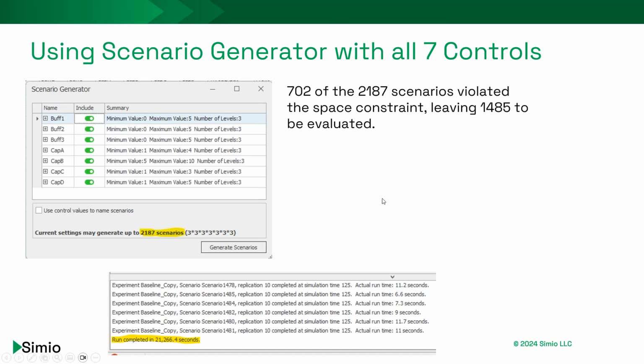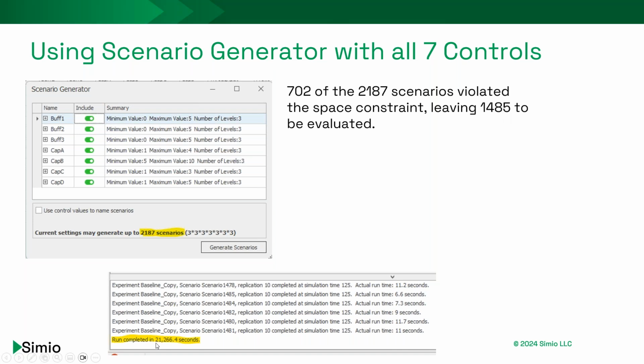And when I did that, of those, 702 violated the space constraint. So we had that space constraint that said cap A plus cap B plus cap C plus cap D has to be less than or equal to 16. So 702 of the 2187 violated that constraint, and so they weren't generated, but that left 1,485 scenarios to be evaluated.